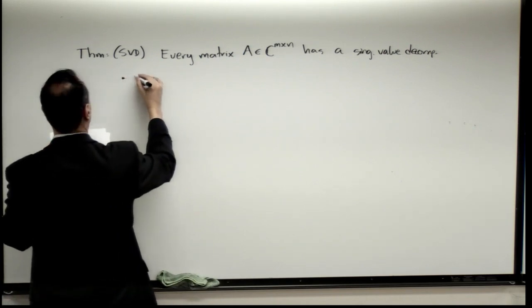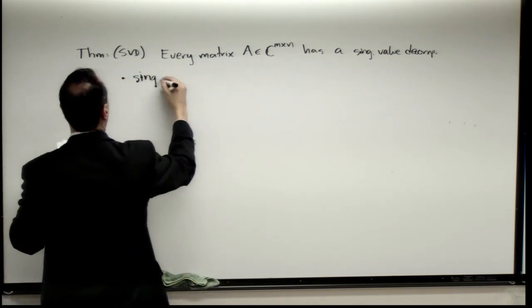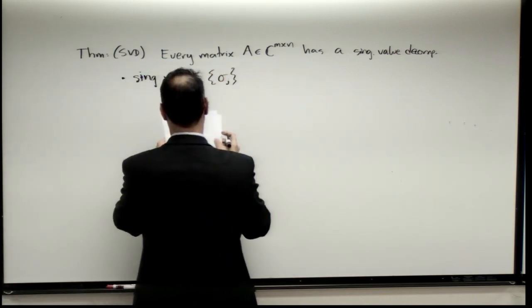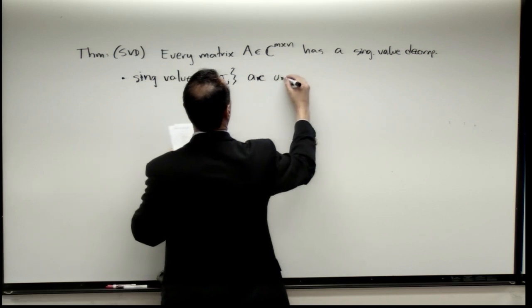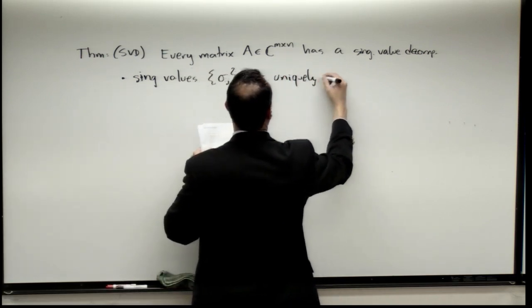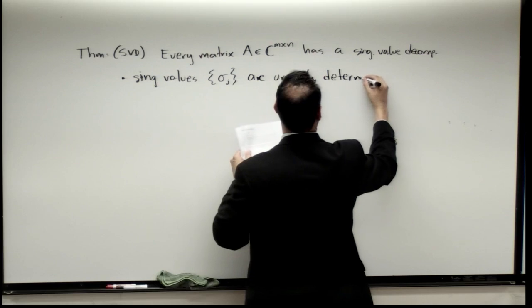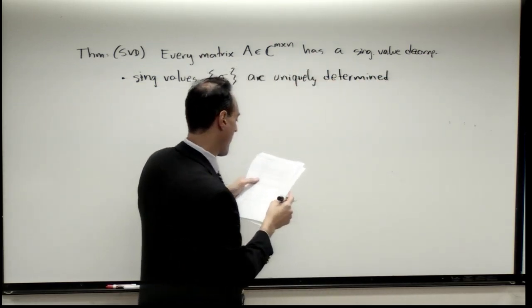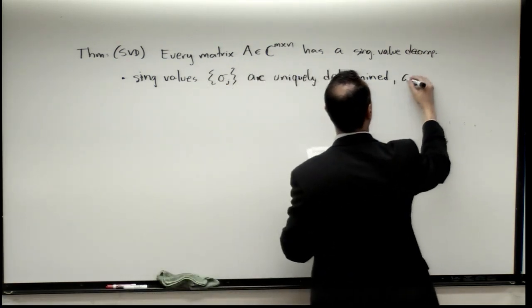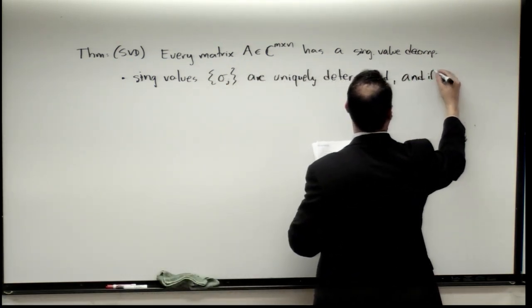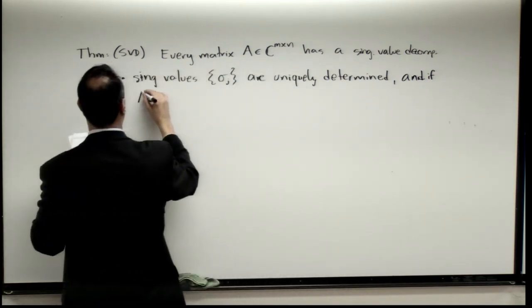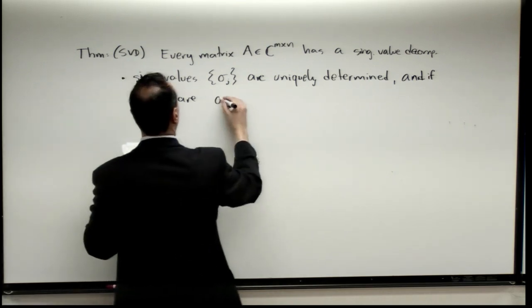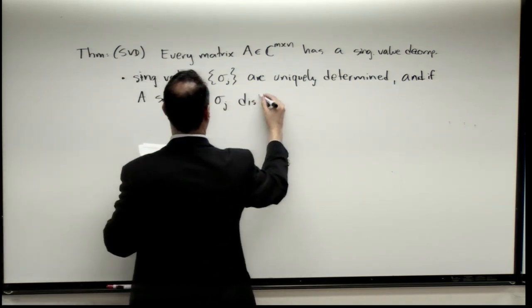Moreover, the singular values given by this set, sigma j's, are uniquely determined. Okay? And if A is square, okay, the sigma j are distinct.